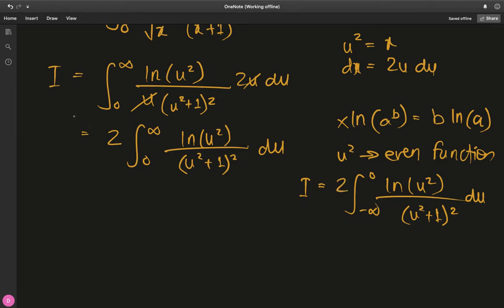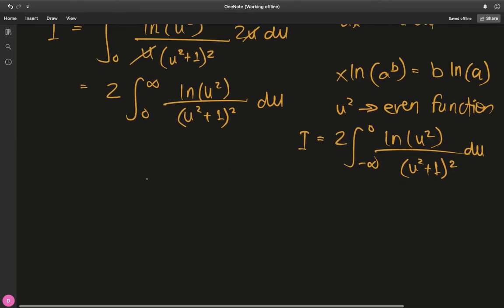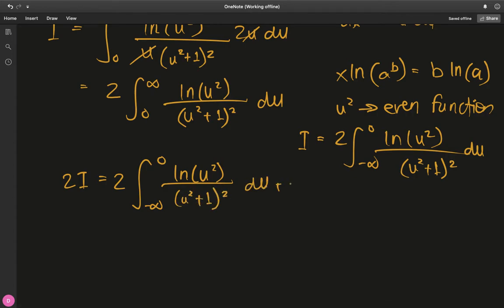Fine, let's add both of them. Both of these are I, so I plus I is 2I, which is equal to 2 times the integral from negative infinity to 0 of the natural log of u squared divided by (u squared plus 1) squared du, plus 2 times the integral from 0 to infinity of the same thing.